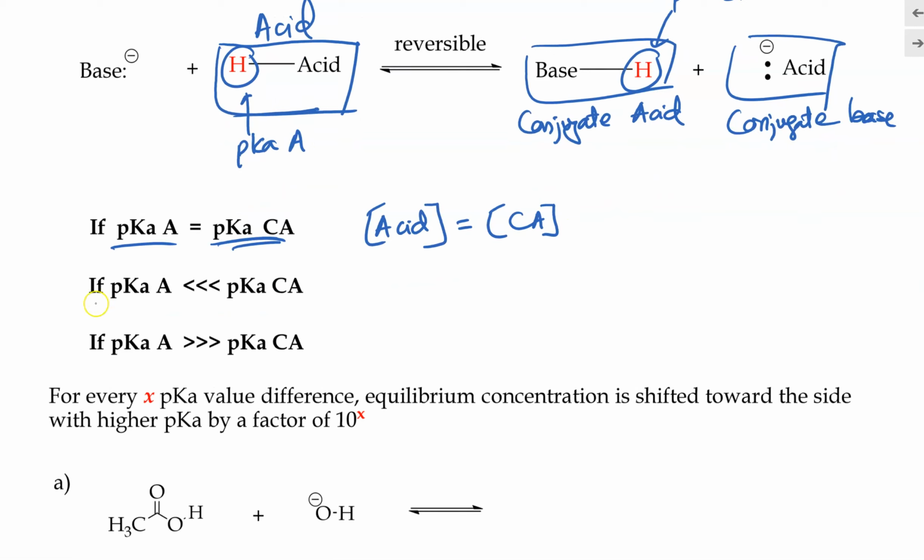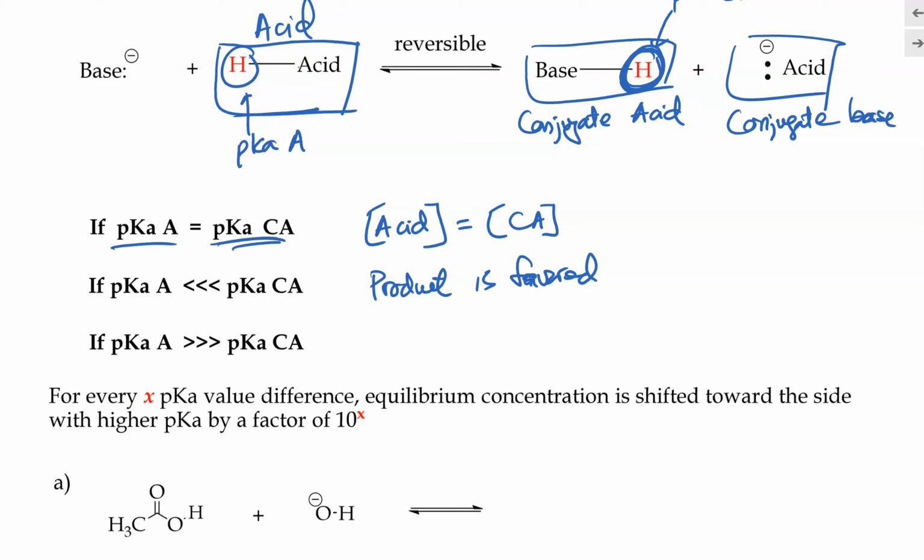Versus if the pKa of the acid is much lower than the pKa of the conjugate acid, that means the conjugate acid wants this proton more, and if it wants it more, it will favor the product side. So the product side will be favored when the pKa of the conjugate acid is much higher than the pKa of the acid.